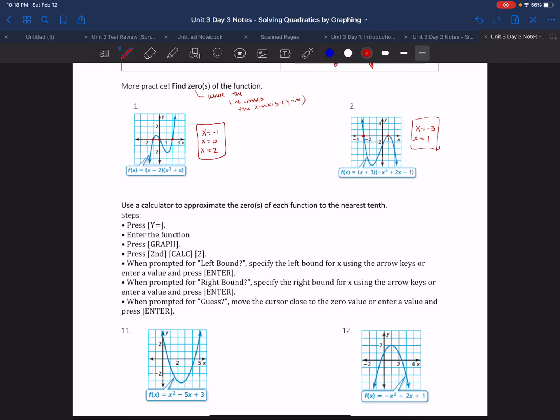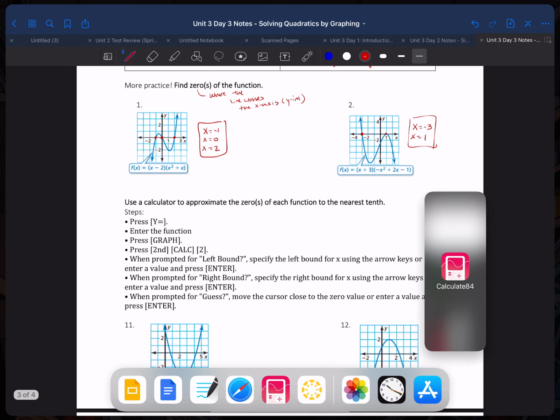It says use a calculator to approximate the zeros of each function to the nearest tenths. And here are our steps. You press the y equals button, you enter the function into the y equals, press graph, and then there's some more stuff that we can walk through.